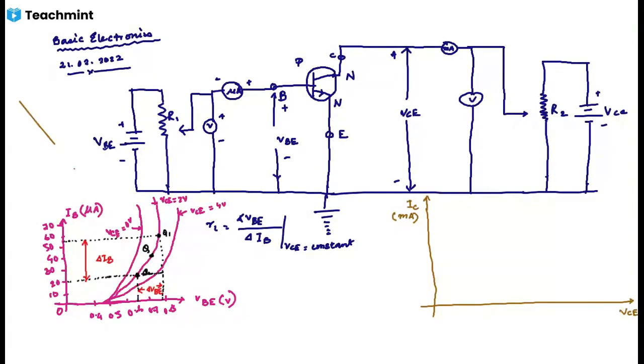Okay, so IB will be constant here. So this is 0.